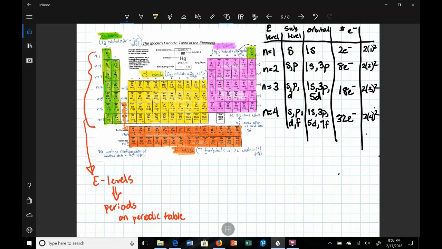So, when we go down to the fourth energy level, that's where things get a little bit tricky. In our D block, notice that there are 10 atoms in each period.